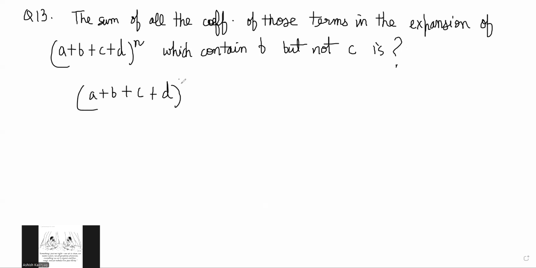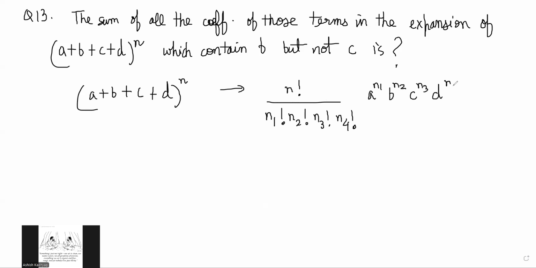So first think of this expansion. This is a multinomial series. If you want to write the general expression, it will be something like this: n factorial by n1 factorial, n2 factorial, n3 factorial, n4 factorial, a power n1, b power n2, c power n3, d power n4.